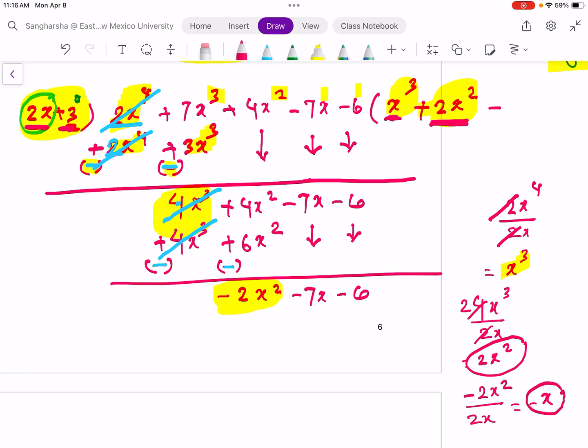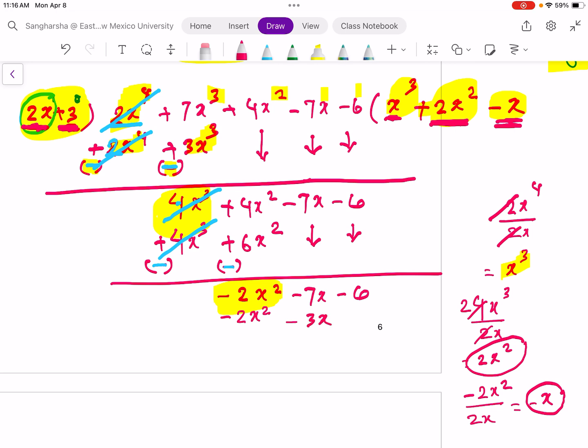That's what you're going to write here, negative x. Now we multiply this negative x and every term of the divisor. So negative x times 2x is negative 2x squared. Negative x times positive 3 is negative 3x.